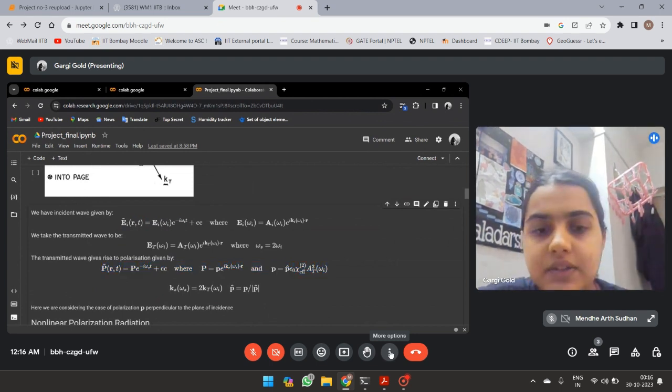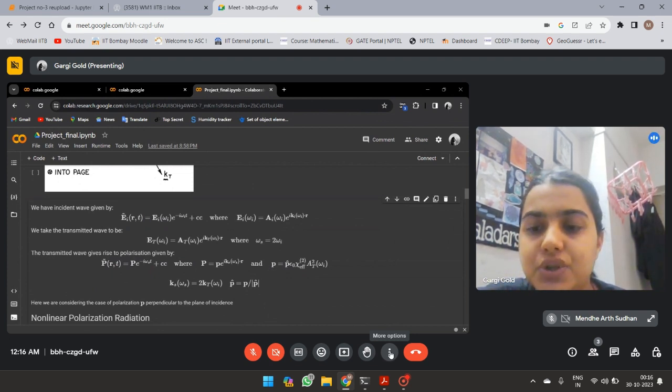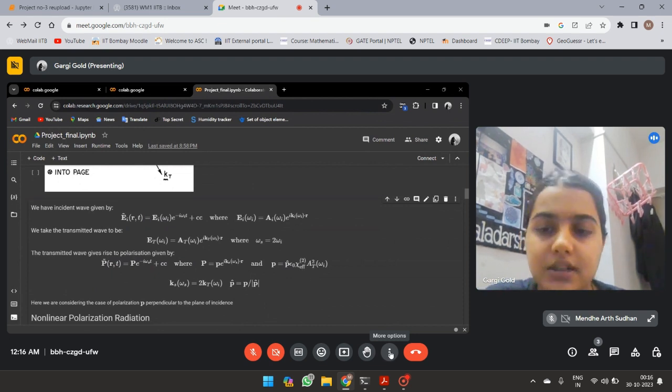One thing we can realize is that the amplitude, small case p, is proportional to the square of the amplitude of the transmitted fundamental wave, and also proportional to the chi2 tensor, which is the measure of the nonlinear optical susceptibility of the material.